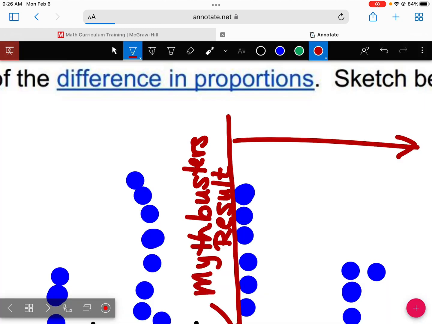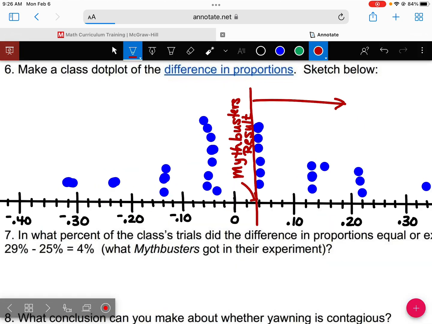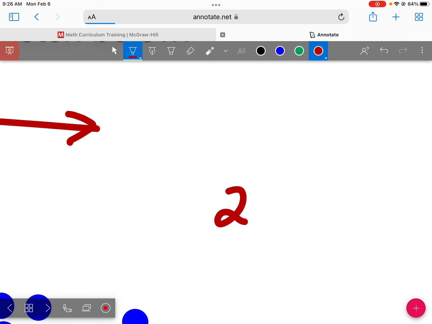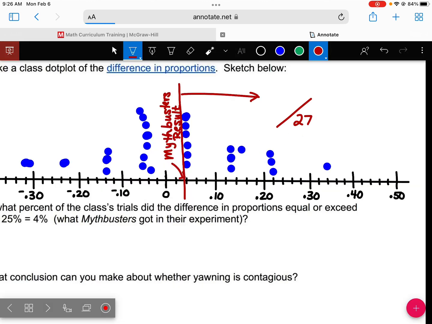So like I said, we had 27 dots up here because we had 9 groups. So out of 27, how many of them had the Mythbusters result or larger? 15. I think I got 14. 1, 2, 3, 4, 5, 6, 7, 8, 9, 10, 11, 12, 13, 14.